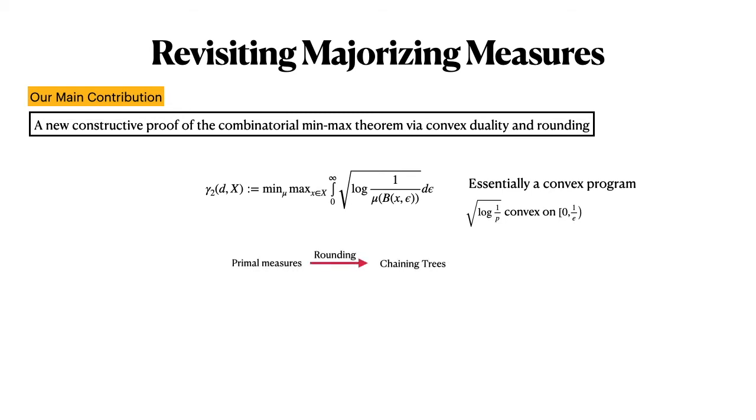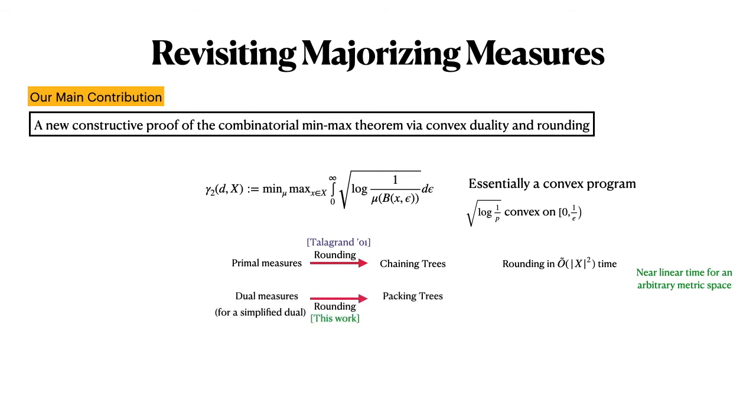Now a primal measure mu, that is a solution to this program, you can round to chaining trees. In particular, this was already shown by Talagrand in 2001 in his Majorizing Measures Without Measures paper that introduced the concept of generic chaining. We show that this rounding can be done in nearly linear time, which is n squared, since you need to specify all pairwise distances for an arbitrary metric space.